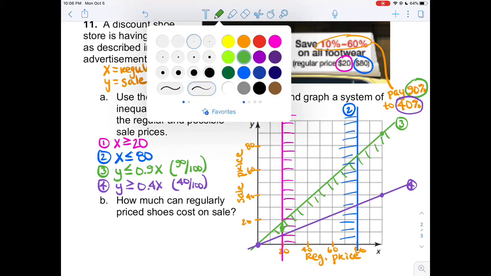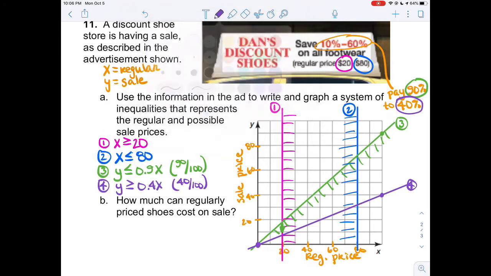And then finally, I need to shade above the purple line because that's a greater than. All right, the place where all of these overlap starts at 20, ends at 80, and it's between these two sloped lines. I can label this region right here as my solution area.